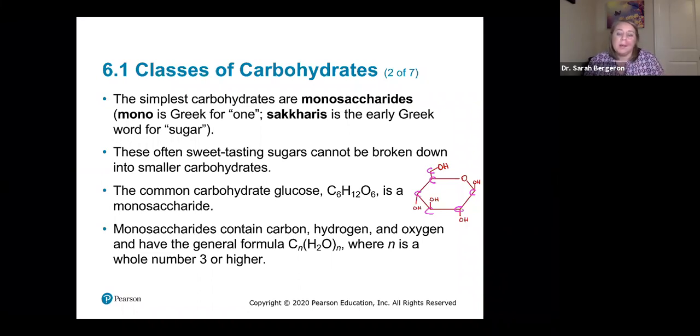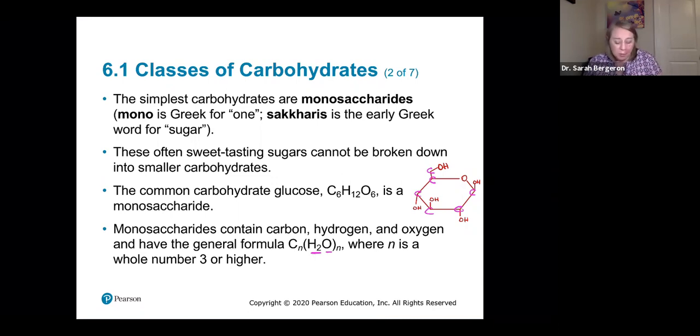All right, so monosaccharides, if you look here, are going to have carbon, hydrogen, and oxygen. And so you can do a general formula, just like we did with the alkenes and alkanes, where the number of carbons times 2 is how many hydrogens you have, and the number of carbons is equal to the number of oxygens. And it only works if you have 3 or more carbons, but everything at 3 carbons or above will work.